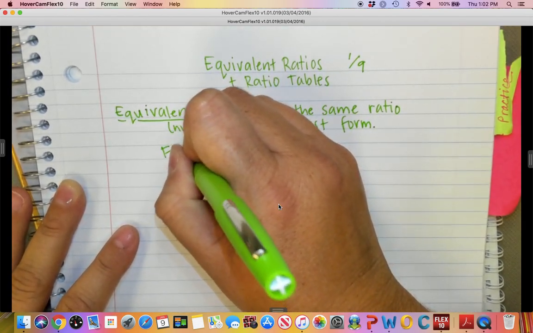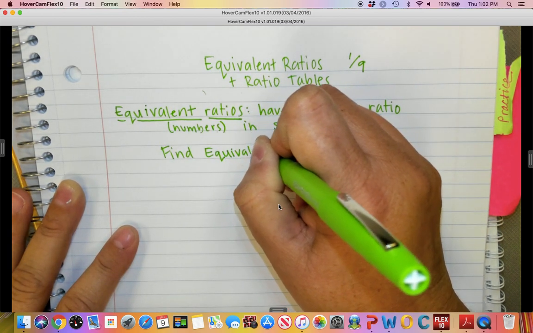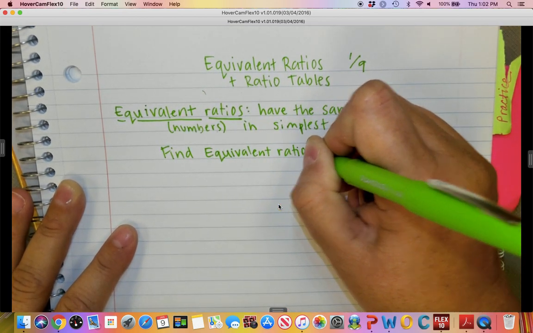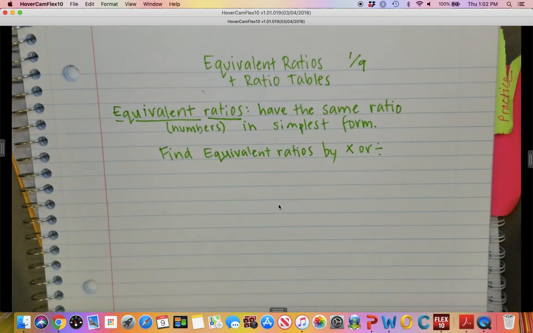And you can find equivalent ratios by multiplying or dividing. So you want to look for the greatest common factor when you are looking for how to make equivalent ratios. And that's how we make them down into simplest form.